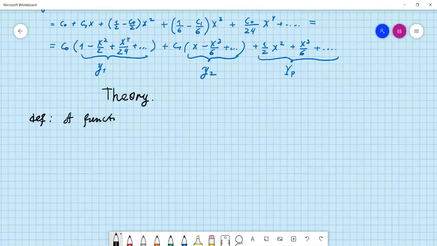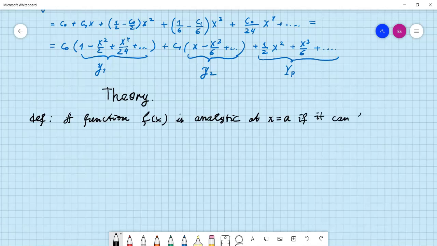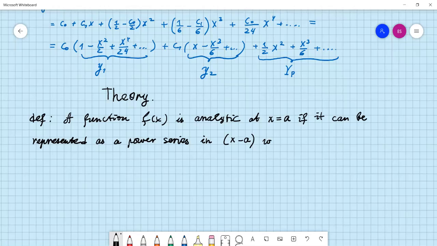A function f of x is analytic at x equals a, so not necessarily 0, if it can be represented as a power series in powers of x minus a with either positive or infinite radius of convergence.